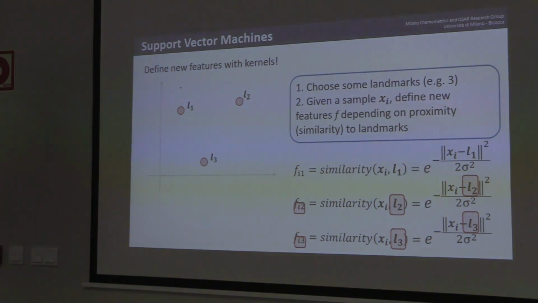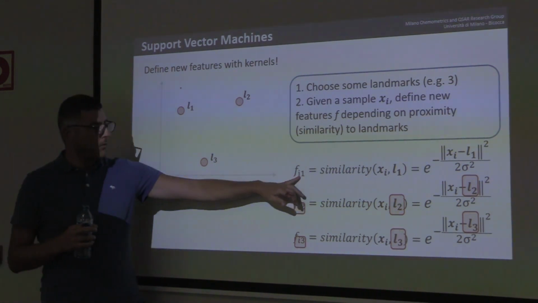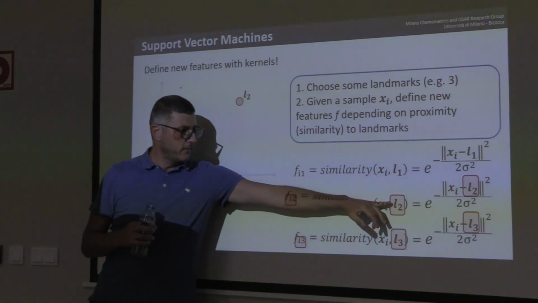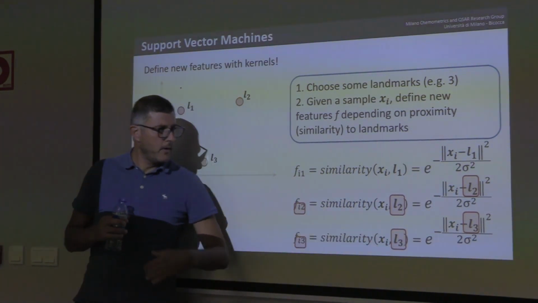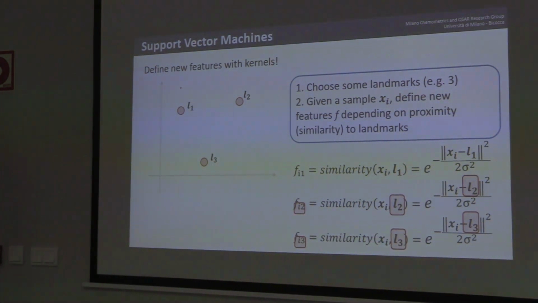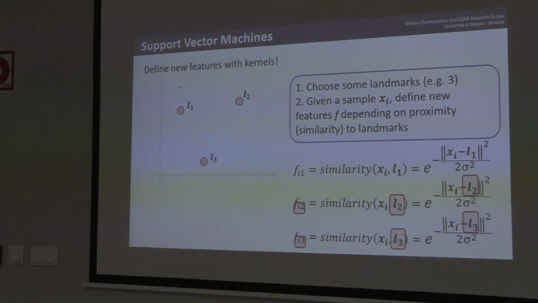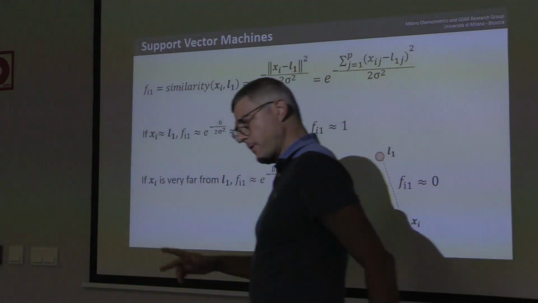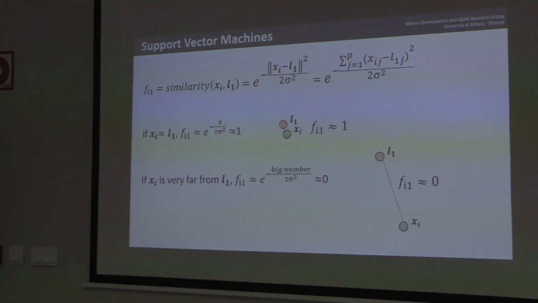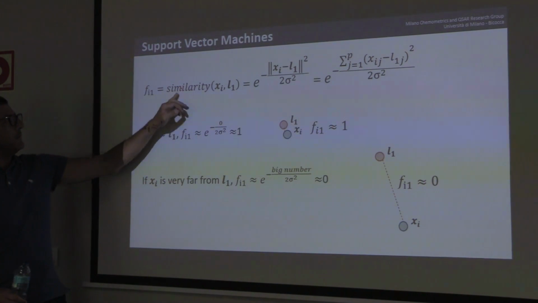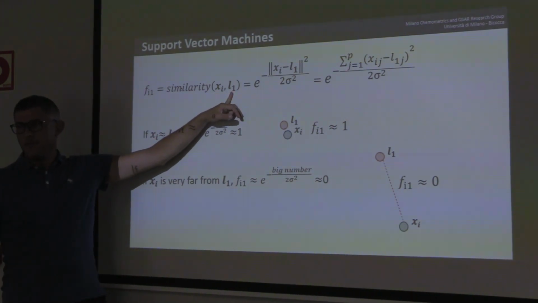This is exactly what we were saying. I can do this with respect to the first landmark, the second one, the third one, and so on. Again, this is exactly the same. I'm not going too fast because it's exactly what we said before. This is the similarity between a given sample and landmark number 1, for example.